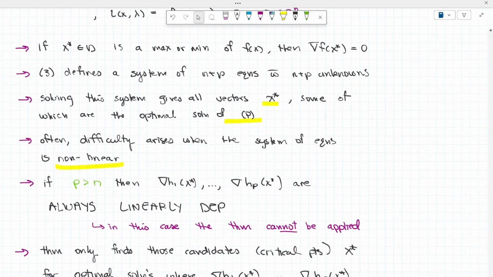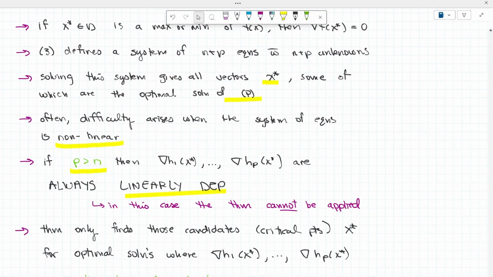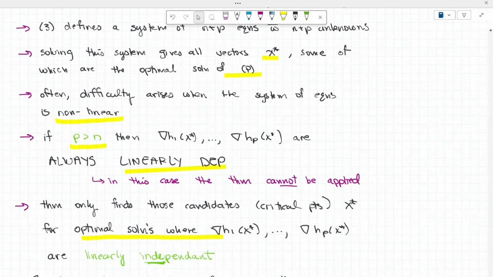This is a big thing to note over here: if p is bigger than n, so if we have more constraints than independent variables x, then the gradients of our constraint functions are always going to be linearly dependent. This is a problem for us. If they're linearly dependent, then we cannot apply the Lagrangian theorem to solve them. The theorem only finds those candidates or critical points x star for optimal solutions where the gradients of the constraints are linearly independent.